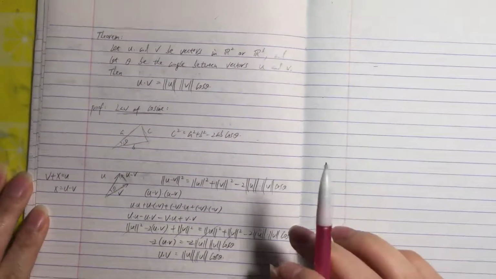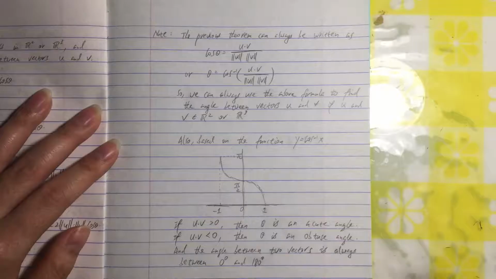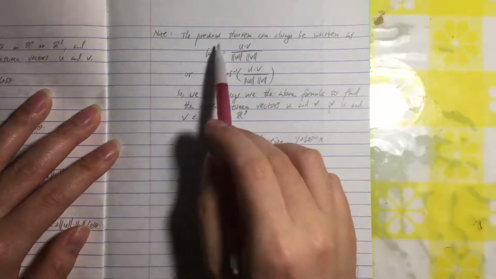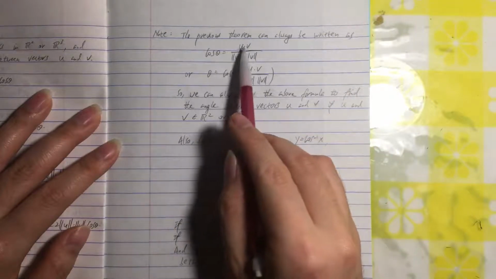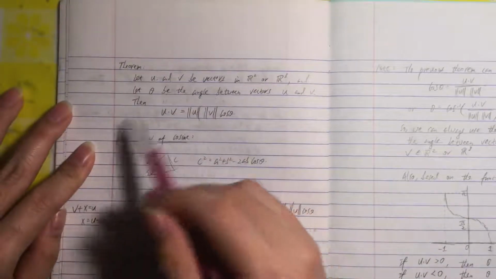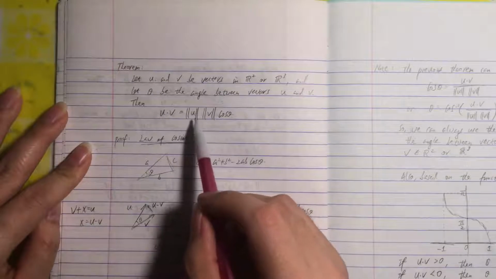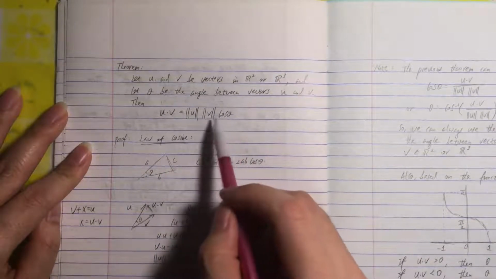That's exactly the same as what we have here. So let's complete the proof for this theorem. Note, the previous theorem can always be written as cosine theta equal to the dot product u dot v over norm of u times norm of v. In the previous theorem, if I divide both sides by norm of u times norm of v, I get cosine theta by itself.